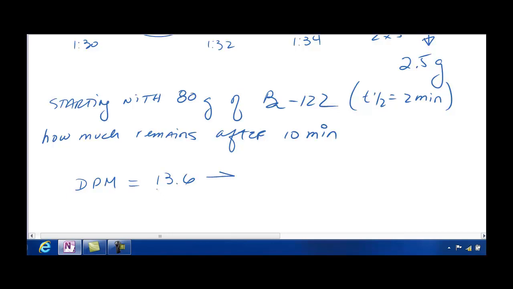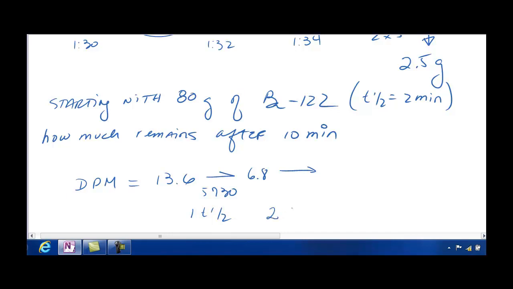So if I cut 13.6 in half, and it takes 5,730 years to do that, what's half of 13.6? 6.8 disintegrations per minute. That's half-life number 1, the first half-life. A second half-life elapsed.